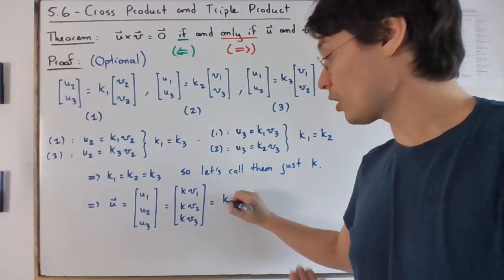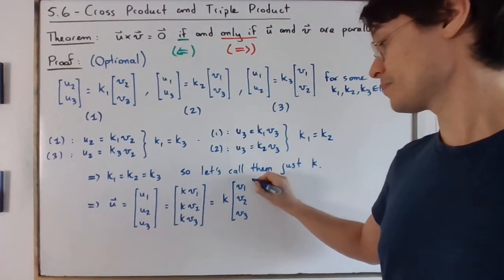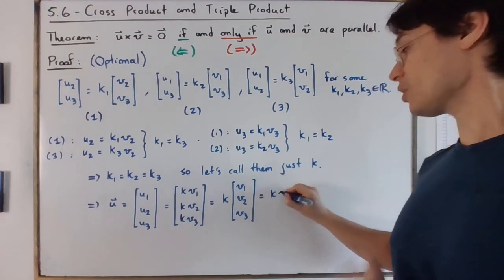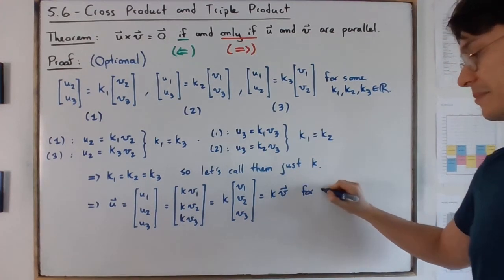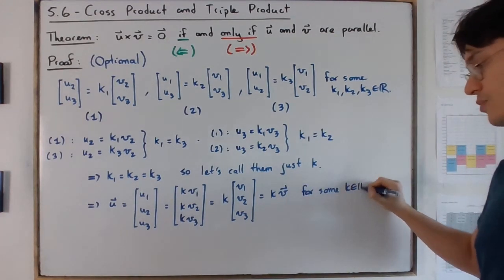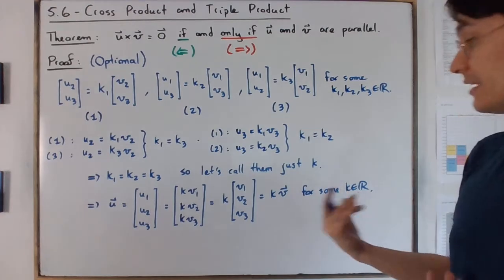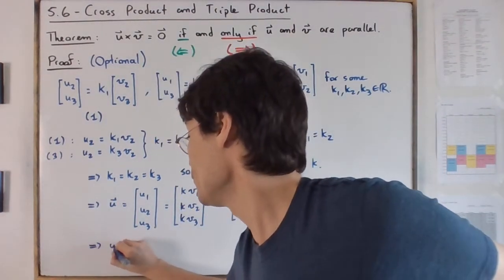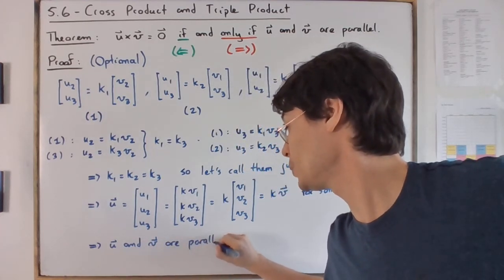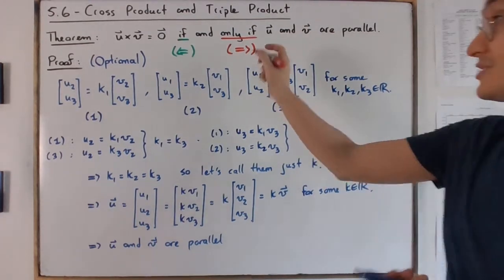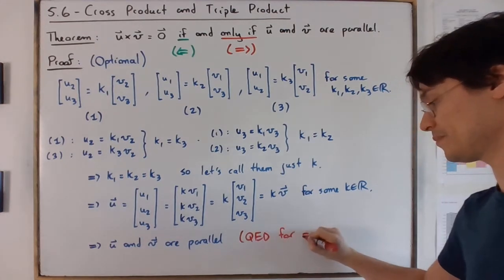Okay, which is equal, obviously, to K times V1, V2, V3, which is equal to K times V. And as you can see, we're done. Okay, so for some K in R, and this means by definition that the vectors U and V are parallel. So now, as you can see, we proved the second part. So QED for this part.